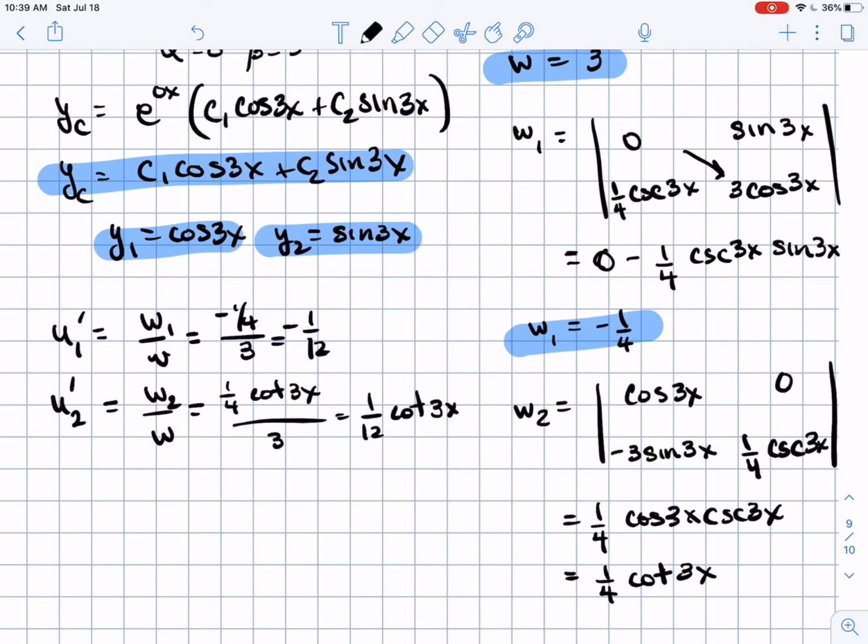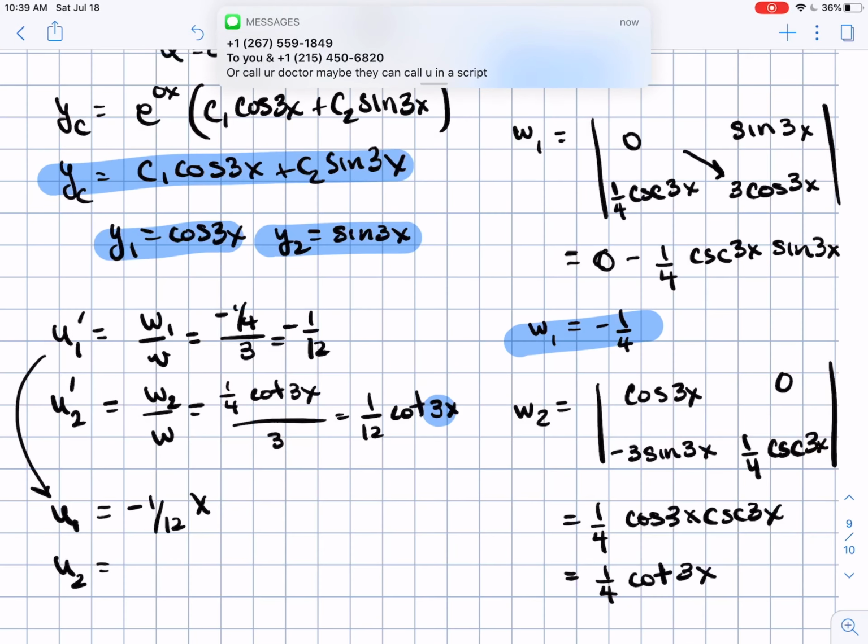Okay, so now for u, you do your antiderivative. So u sub 1, this one's an easy one, -1/12 x. U sub 2, just be careful of this 3. I'm going to divide by that 3 or multiply by 1/3, and that's going to give me 1/36.